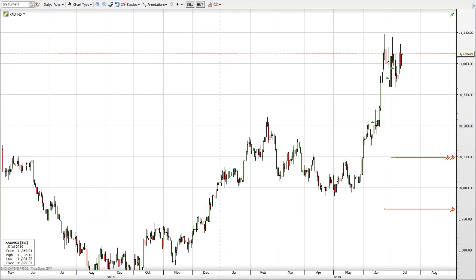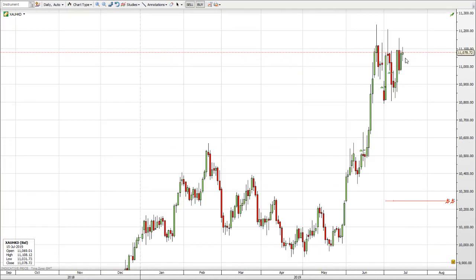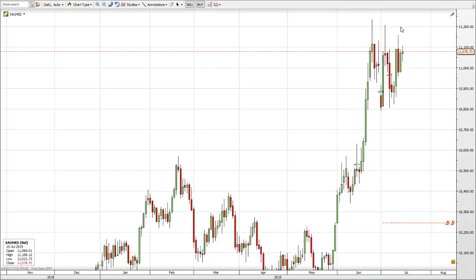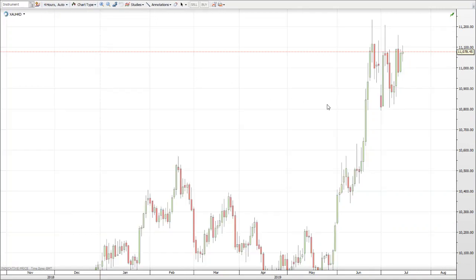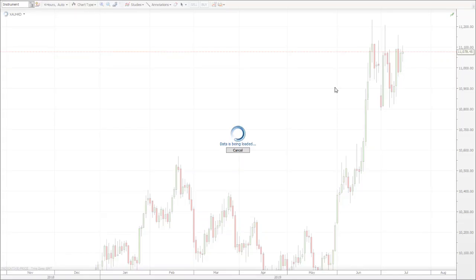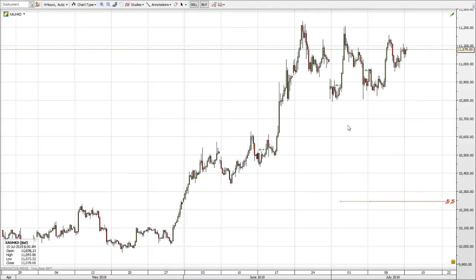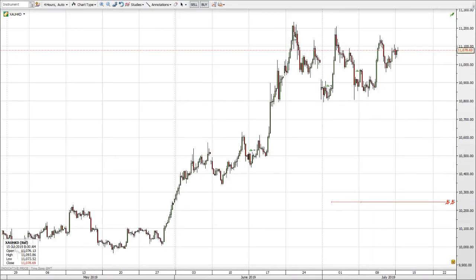The rationale for having a long gold position stays the same. It does look like we're getting a little bit of a bounce back up. So that could be interesting. Here, if you have a look at that, it looks like we've failed the initial break upwards.